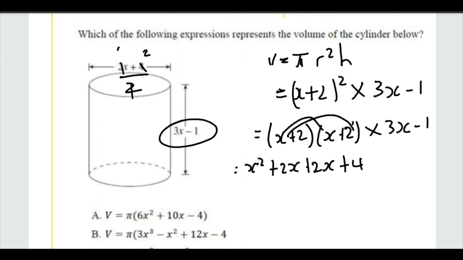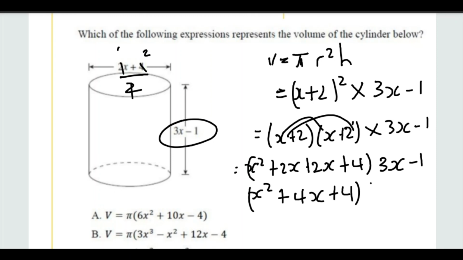And all of that multiplied by 3x minus 1. So let's group this up and work it out. We'll now have x squared, 2x plus 2x, that will give you 4x, plus 4. And all of that multiplied by 3x minus 1.